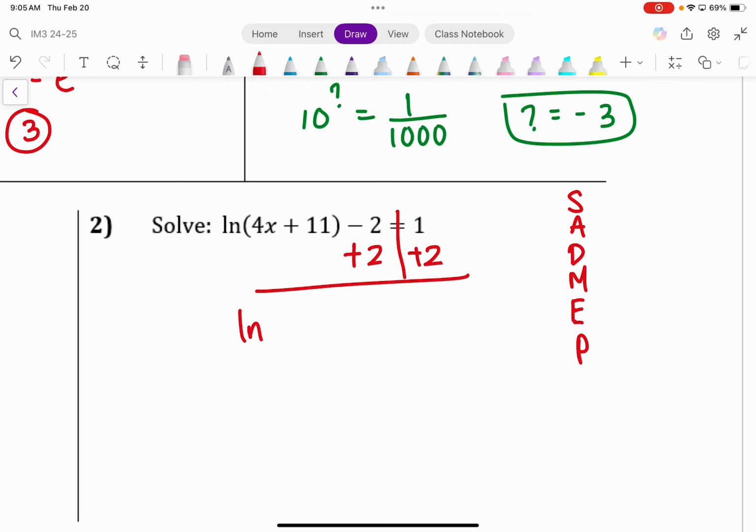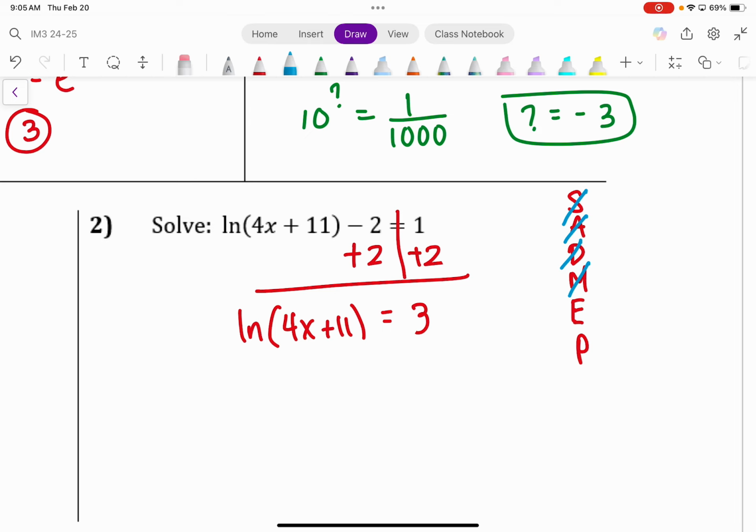We get ln of 4x plus 11 equals 3. And cross out S and A. Can we divide or multiply? Is there anything on the ln side that we can divide or multiply? Are there any coefficients? No. So we can cross out D and M.